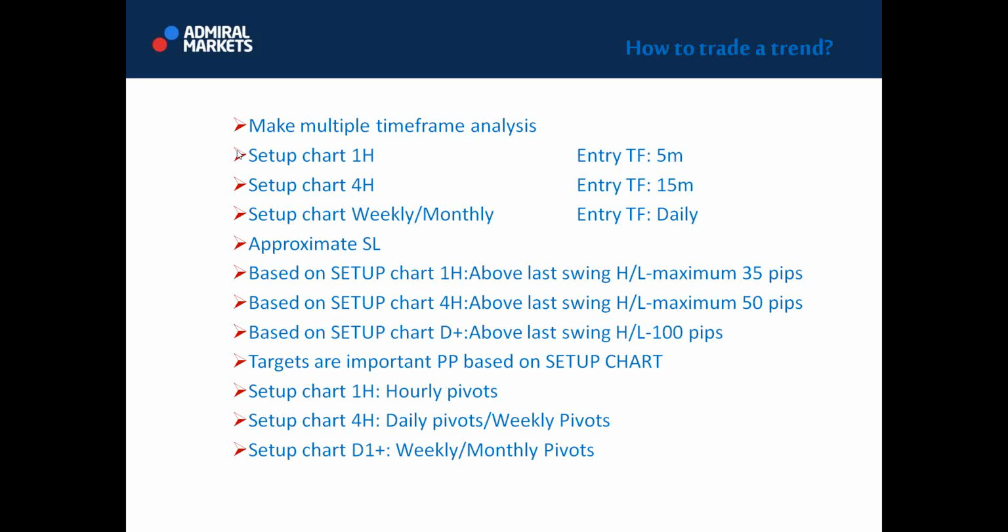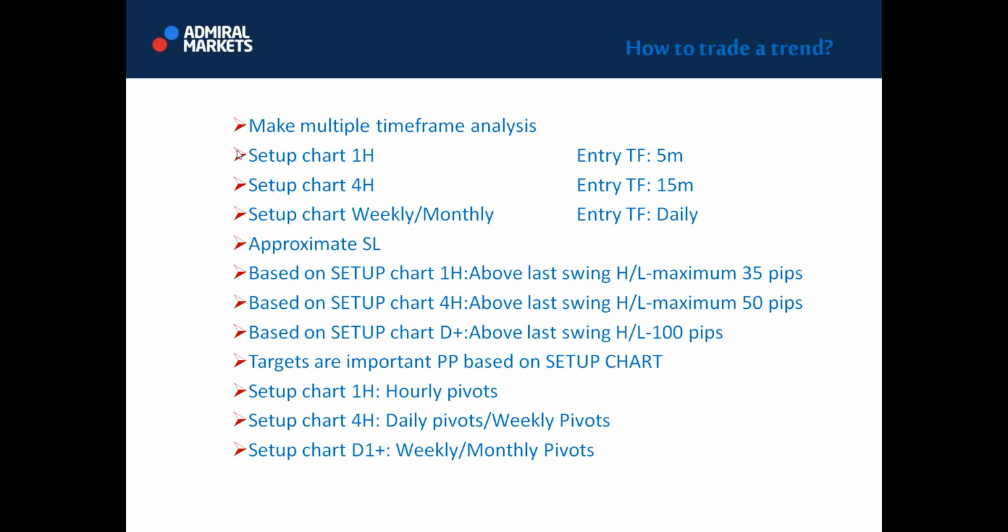Targets are very important, and we need to see pivot points, but based on setup charts. So if we use setup chart of 1 hour, we will use hourly pivot points for target prices, because we use 1 hour time frame and we trade on 5 minute time frame.